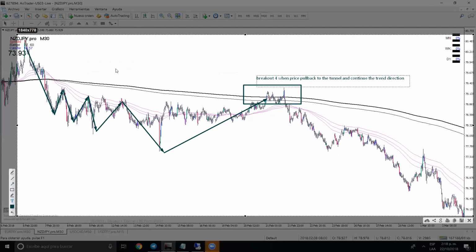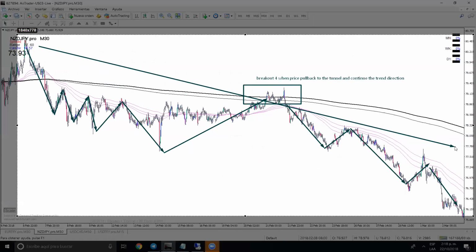Okay, for this trade, when the price first made a breakout and pulled to the wave, it goes down. This is breakout three. Sometimes the price pulls to the tunnel, not to the wave, and goes down and continues the trend. Okay. For this breakout four, the price pulls back to the tunnel, and we are trading in the trend direction, downtrend for breakout four.